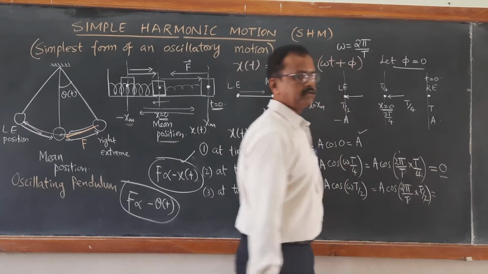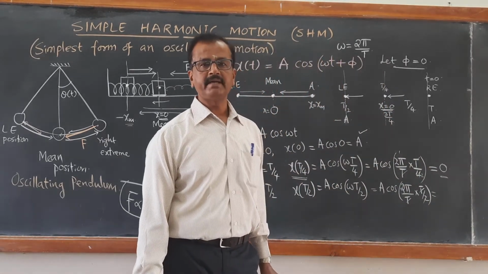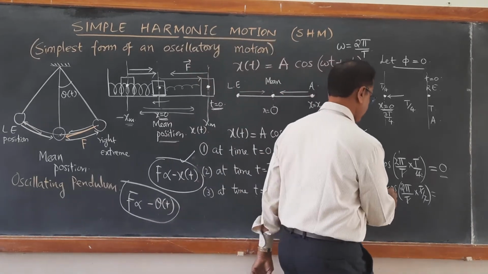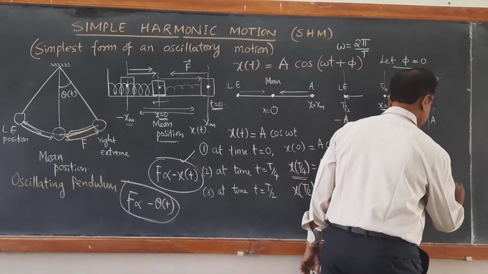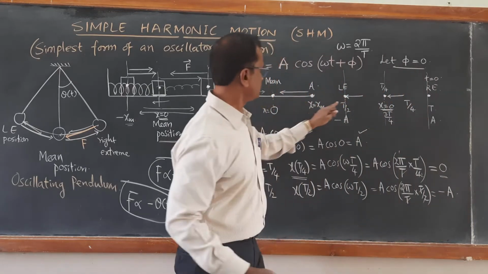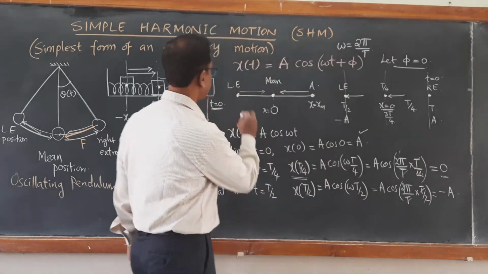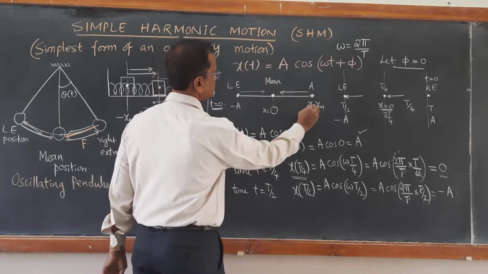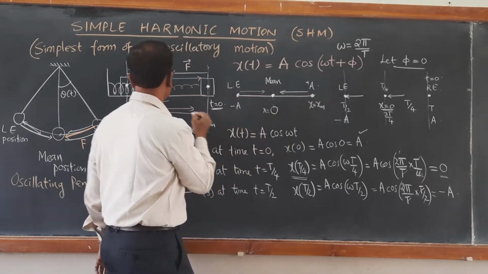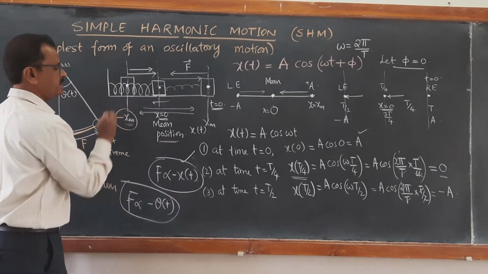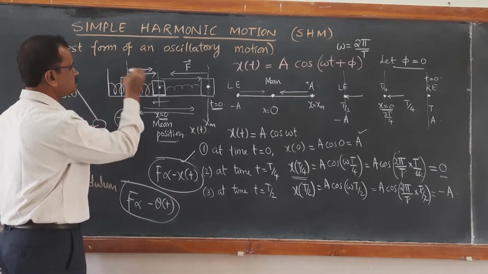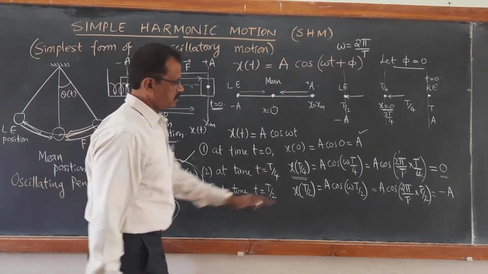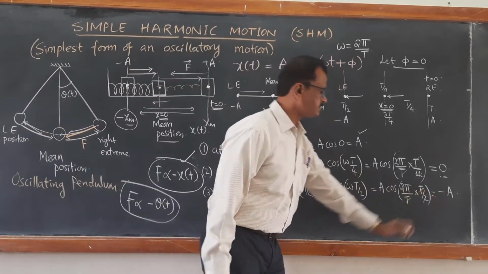So cos pi is minus 1. So minus 1 into a becomes minus a. So we get the result minus a. The particle will be here at minus a. This is plus a. So it has reached this minus extreme, which we are taking in general as minus a, and this one we are taking as plus a.